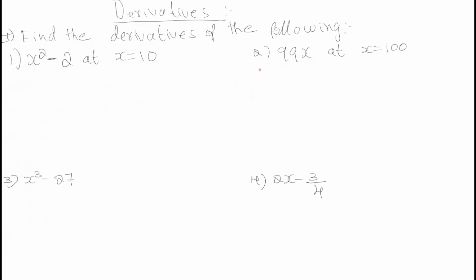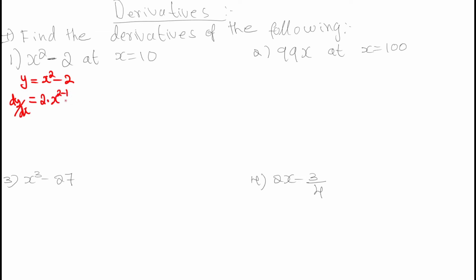See, find the derivative of the following. We can derive it directly because all our algebraic functions are given. Take the first function, y is equal to x square minus 2. Then we are differentiating with respect to x. So y dash, or we can write it as dy by dx, differentiation of y with respect to x, dy by dx is equal to, x square is in the form x to the power n, that is n into x to the power n minus 1.